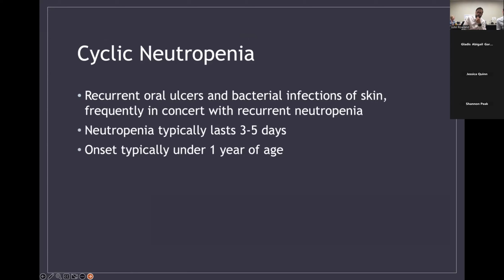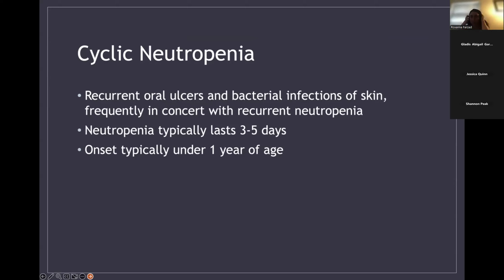And then last but not least is cyclic neutropenia. This one is a really tough diagnosis to make because the fevers occur after the neutropenia occurs. So if you try to get labs when a child is febrile, you're going to miss the neutropenia. And so what you end up having to do is repeated CBCs multiple times per week, because the neutropenia usually lasts a few days, and then the fevers cycle, typically every few weeks.